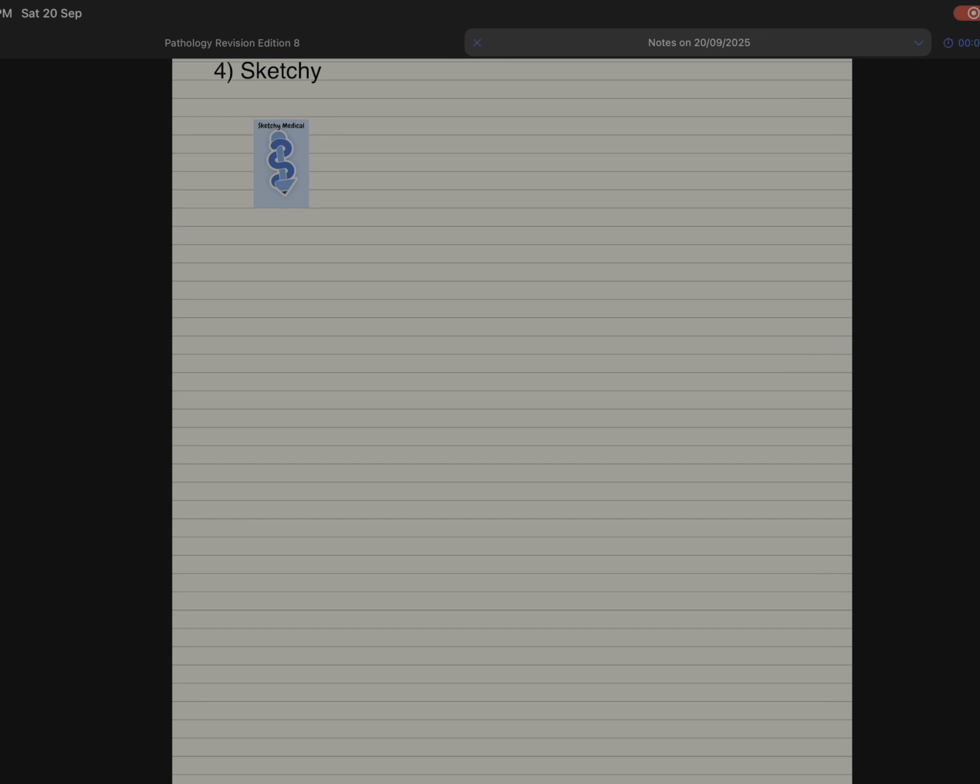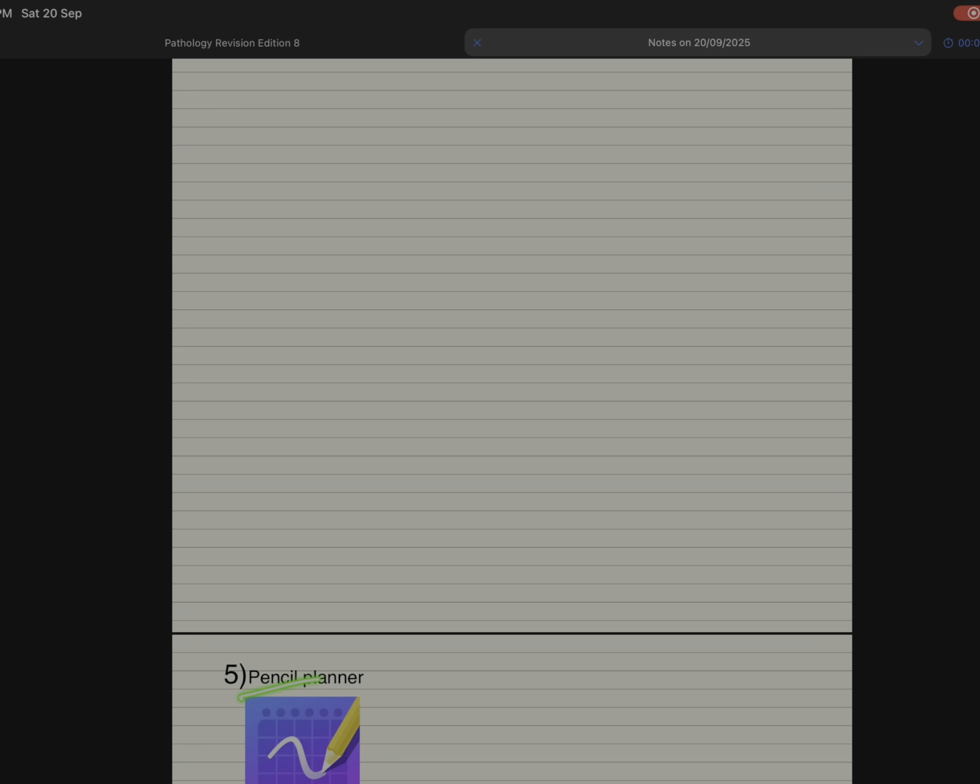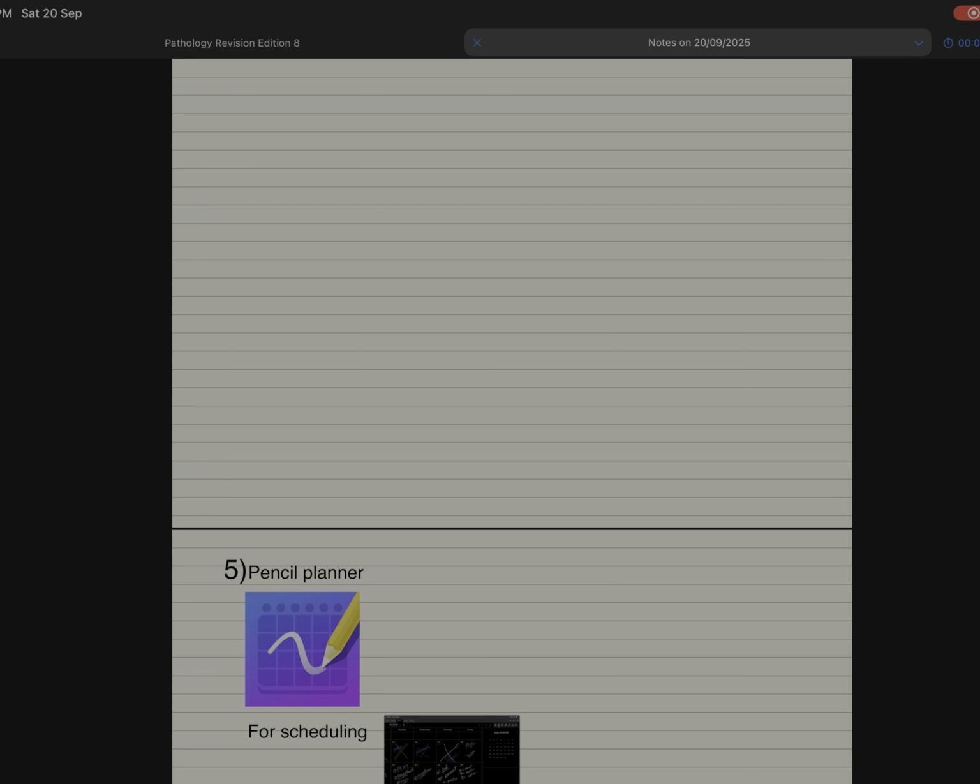So another one is Pencil Planner. I used to be someone who used to plan a lot. I used to plan my day. I used to plan my week, and I used to use a physical notebook for planning. Later, since I was planning a lot, I was always making changes, and my schedule used to be fully cluttered.